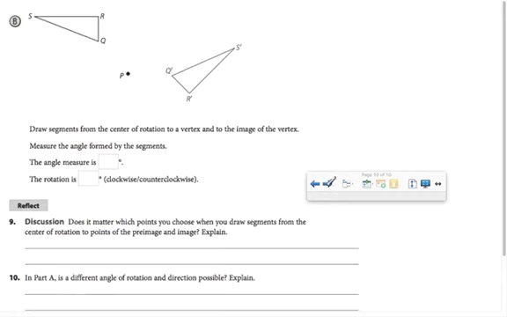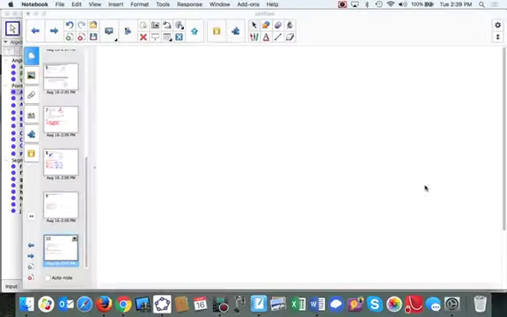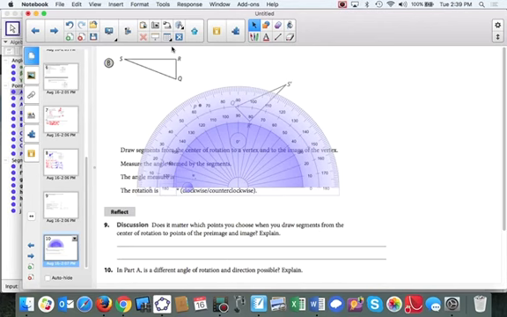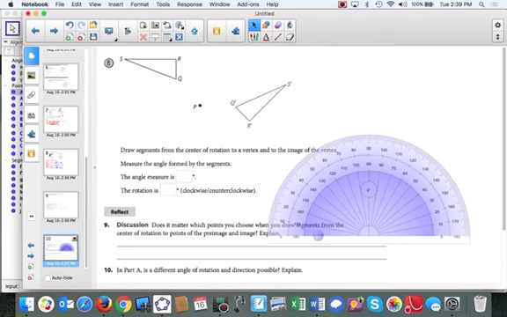Part B, we're doing the exact same thing. So let me get a couple of tools from my program. I'm going to need a protractor, and I'm going to need a segment tool.